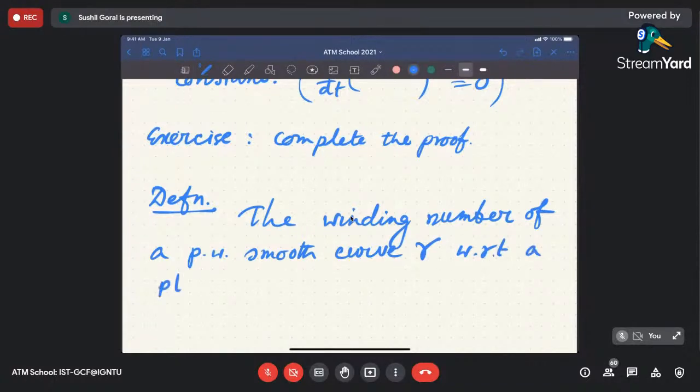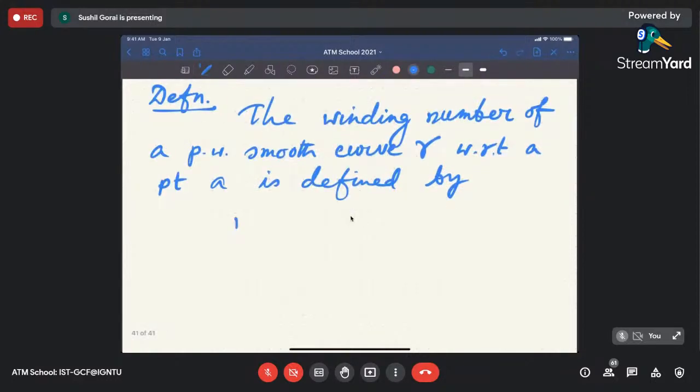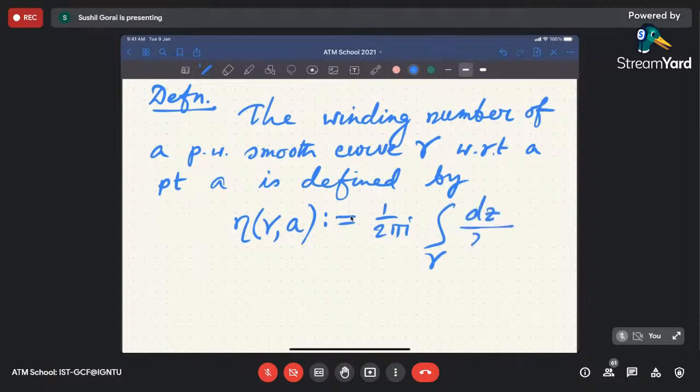The winding number is defined as follows: eta of gamma, A is defined as 1 over 2 pi i times the integration over gamma of dz by z minus A, right?